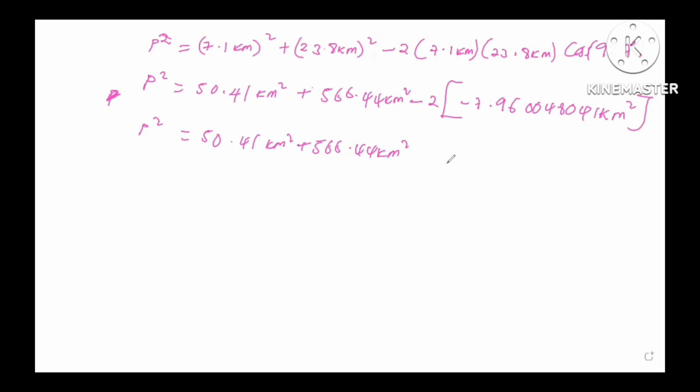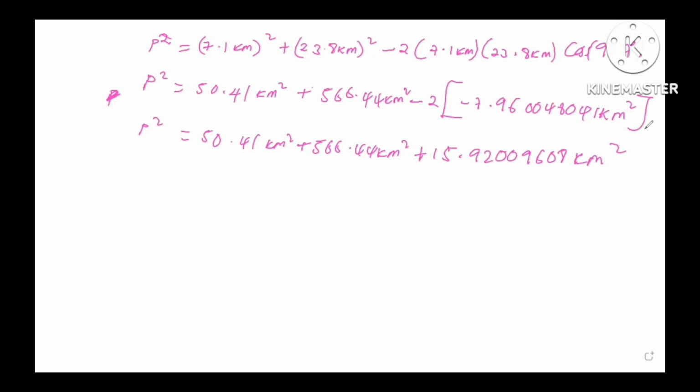Remember, I moved it. 15.92009608, it is positive, right? Yes. 15.92009608 kilometers squared.